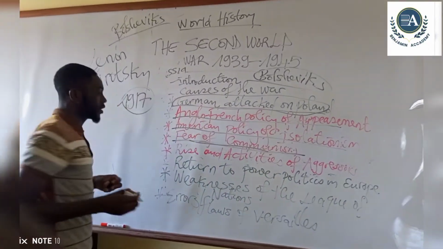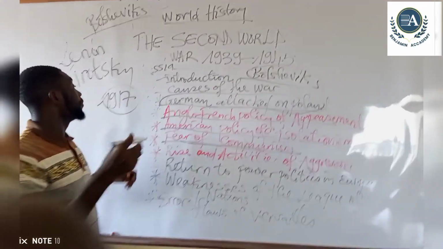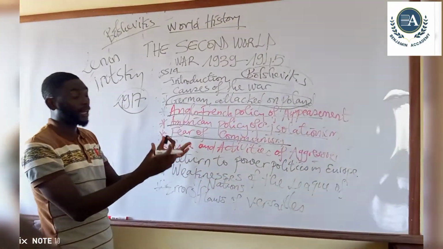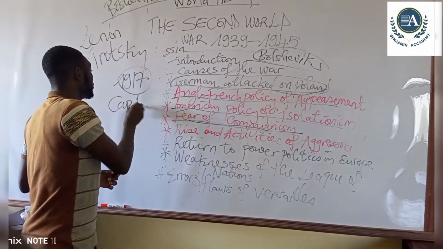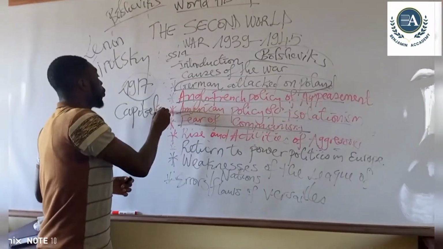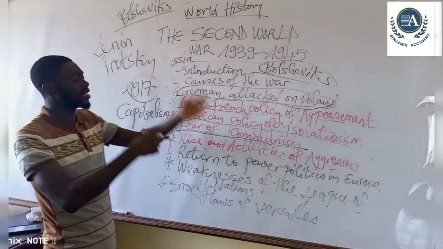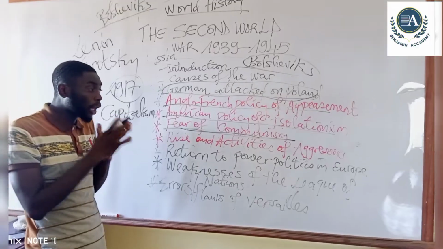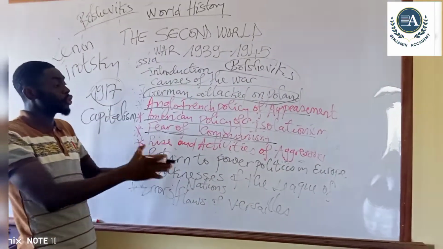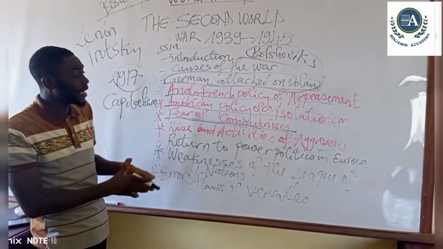When communism was introduced in Russia, the Western democrats, Britain and France, practiced capitalism. And capitalism, as practiced by Britain and France, contradicted communism. Britain and France never collaborated with Russia because Russia had the policy of communism while they practiced capitalism.